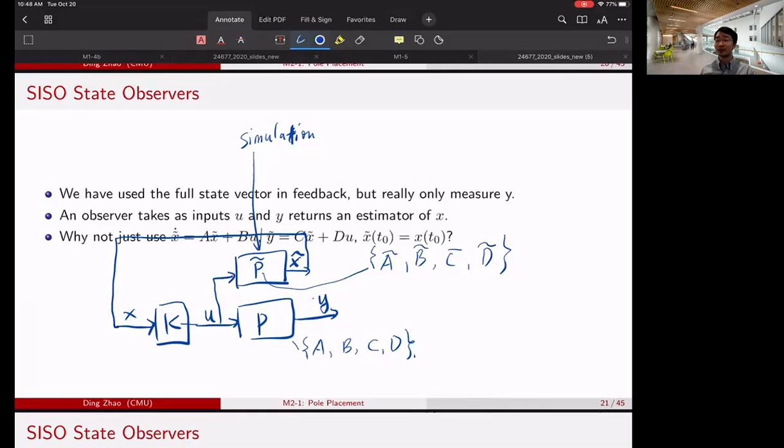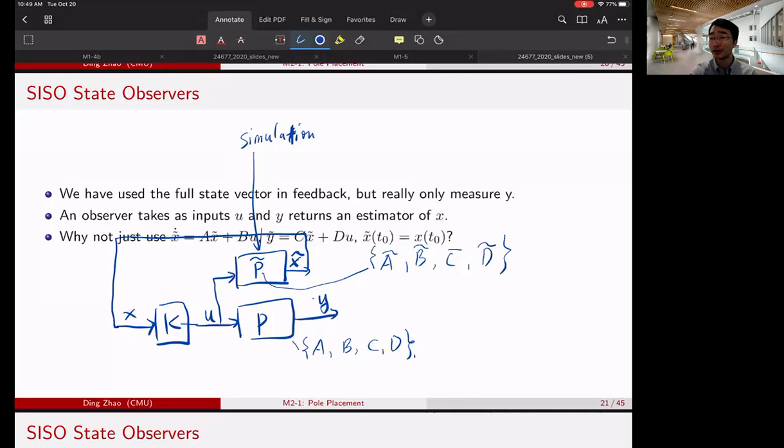That's still fine. But if you do a long-term prediction or run it for a long time, this error will propagate, and eventually you will lose control, because even though A tilde, B tilde, C tilde, D tilde are close to ABCD, if you run it for a long time, you still have a problem. So that's a good idea, but it's not practical.